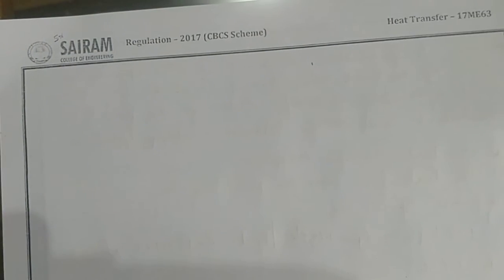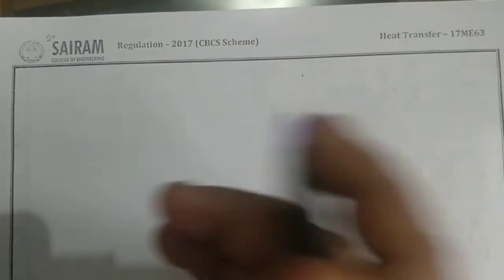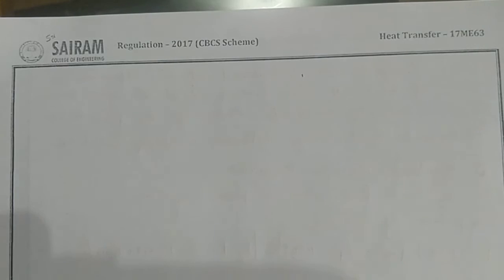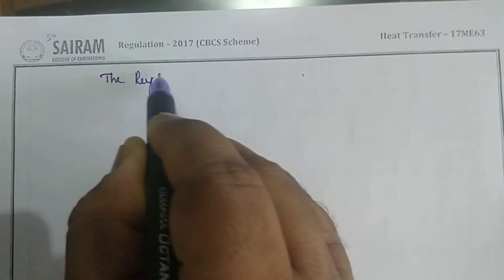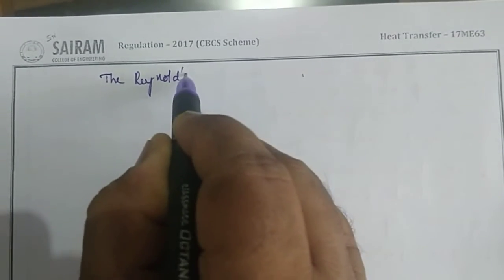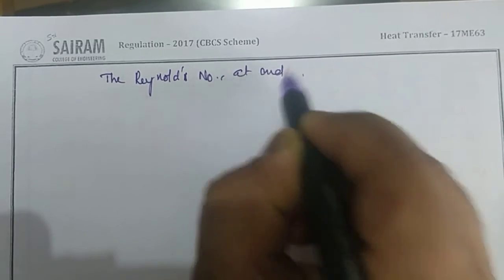Further, we can calculate the Reynolds number at the end of the plate.